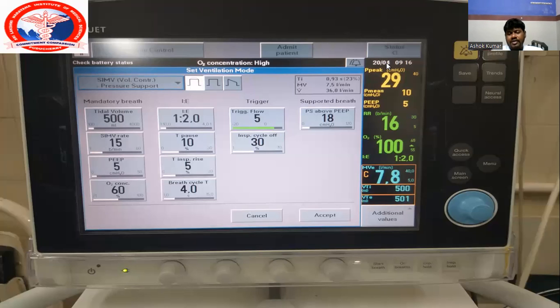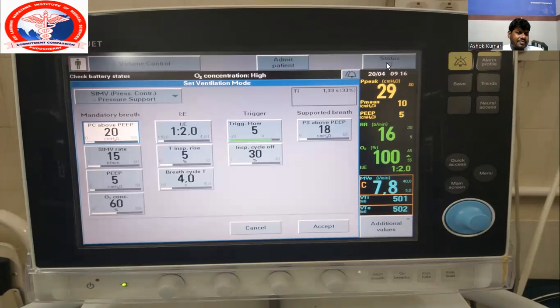Then inspiratory expiratory ratio 1:2, then T pause, T inspiratory rise, breath cycle, trigger flow as well as inspiratory cycle. For pressure support above PEEP, if we want to do it, for example in this image, we want to keep above 5. We set it in the image as 18. Then when all necessary parameters are adjusted, click accept, then proceed to ventilation.